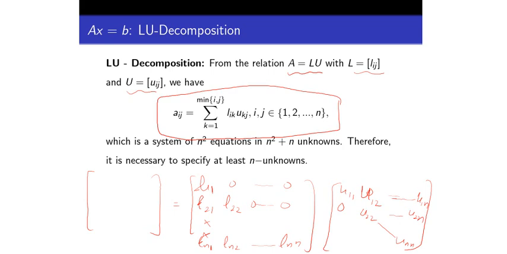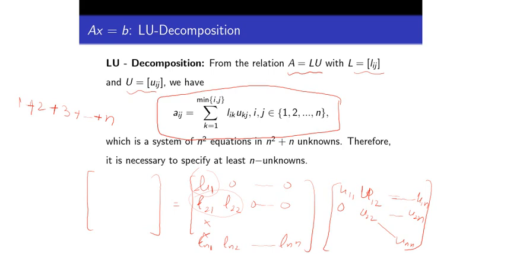Now if you look at the right side, how many unknowns are there? In the lower triangular part, the first row has 1 unknown, the second row has 2 unknowns, the third row has 3 unknowns, and so on; the nth row has n unknowns. So the total number of unknowns is 1 plus 2 plus 3 and so on plus n in the lower triangular part.